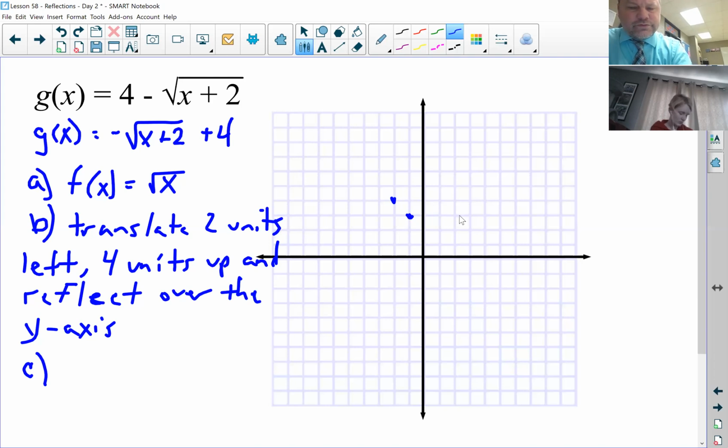Over 1, 2, 3, down 1, over 1, 2, 3, 4, 5, down 1. And so it is going to look kind of like that.